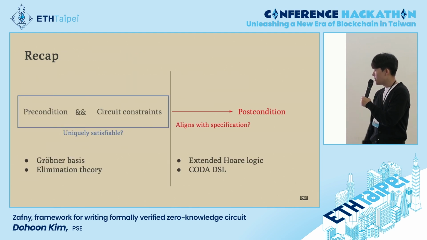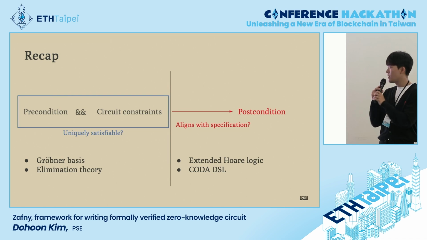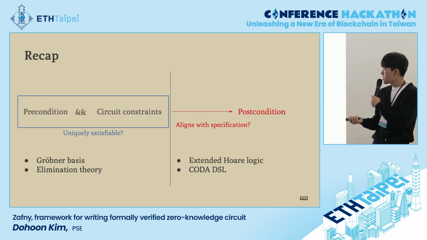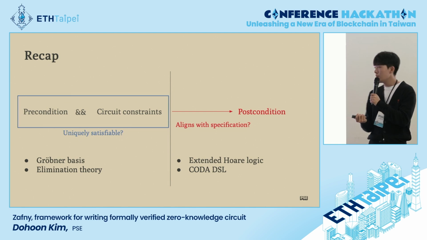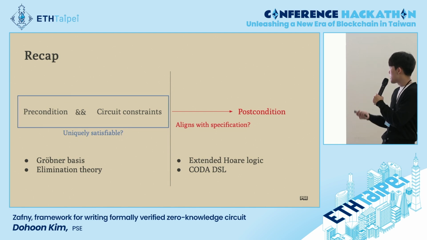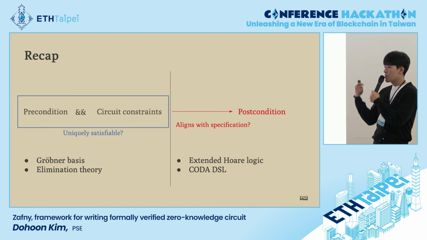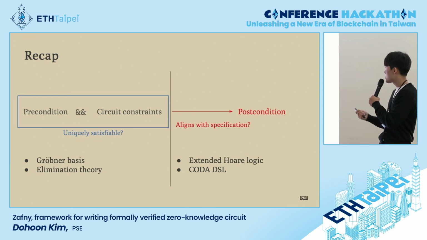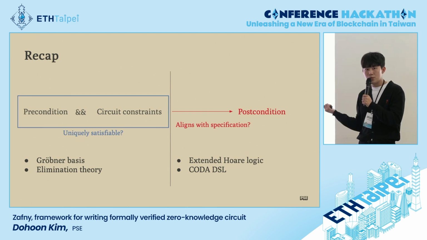So this is the recap. Now we have a precondition and circuit constraints. The first question was, can the precondition and circuit constraints be uniquely satisfiable? The second question is, can the precondition and circuit constraints induce our desired postcondition?